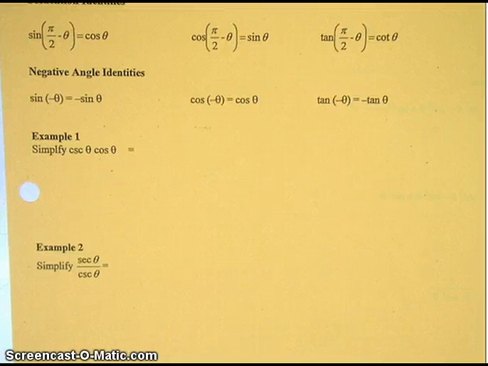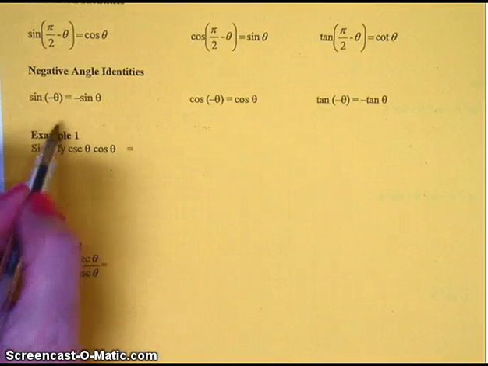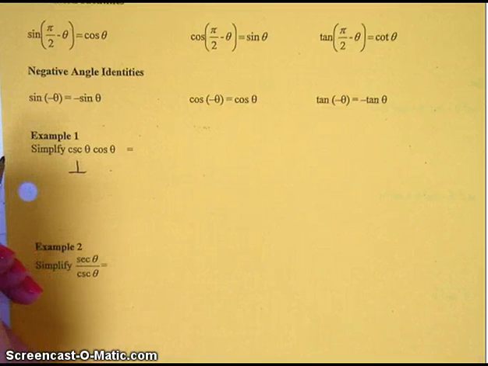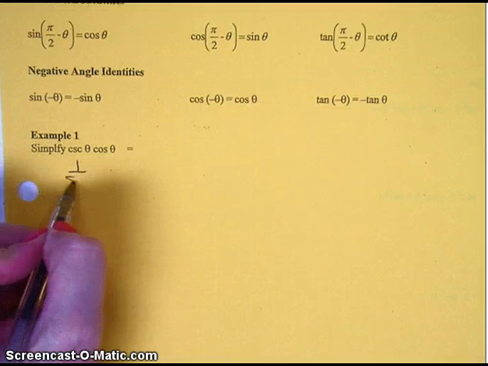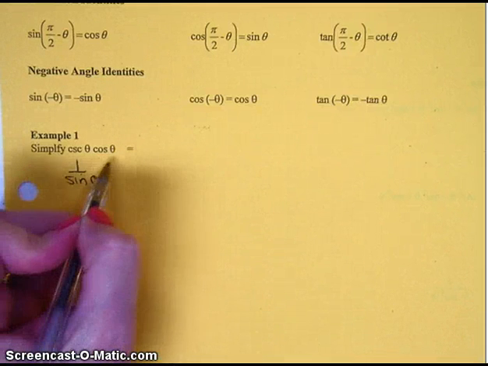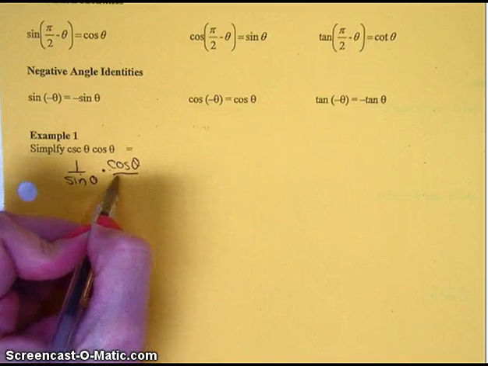Raise your hand, please, if you see anything. Remy? 1 over sine theta. Very good. I would never leave cosecant as cosecant. I would replace it as 1 over sine. So 1 over sine theta times cosine theta.